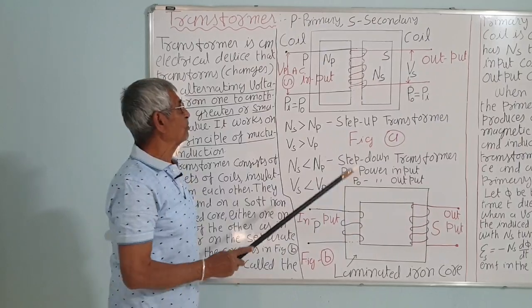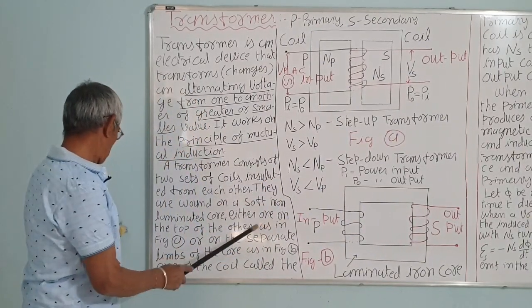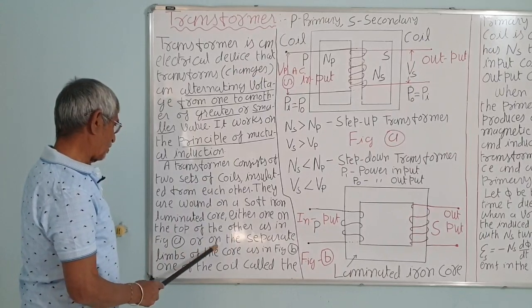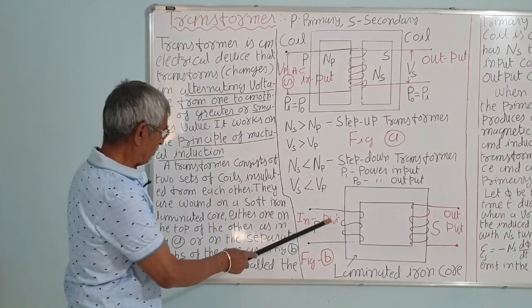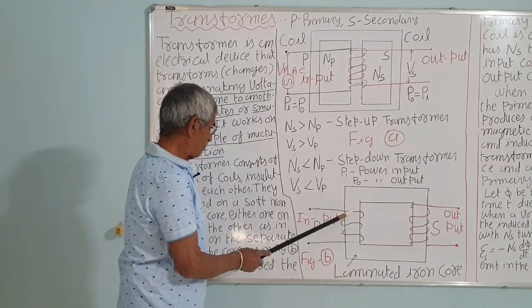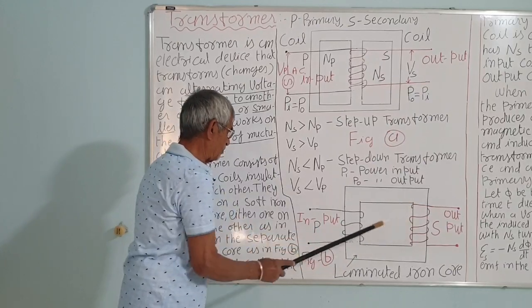The secondary is wound on the top of the black one, that is primary, as in figure A, or on separate limbs. Here in this figure, the primary and secondary are on separate limbs. This is one limb, this is another limb.